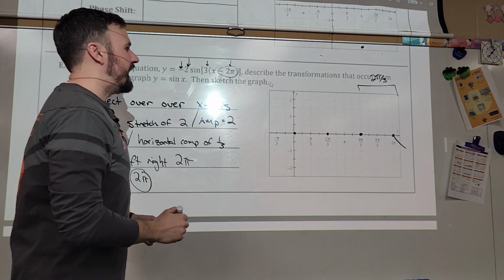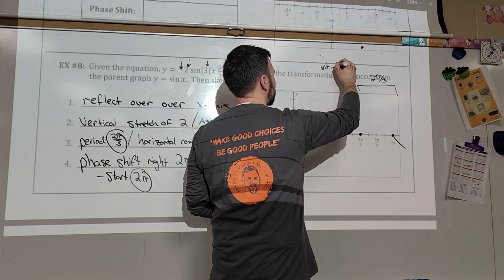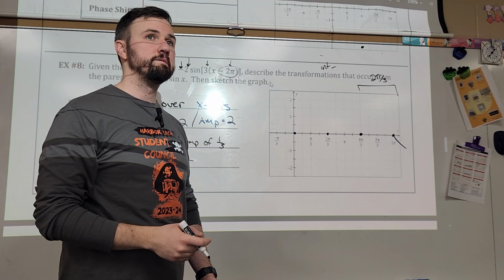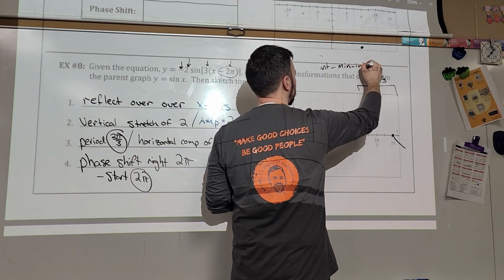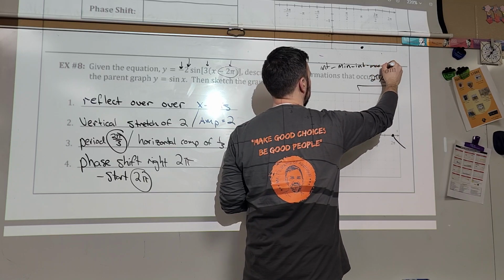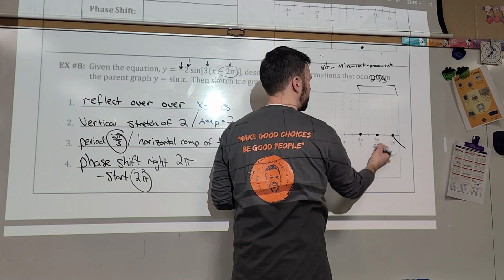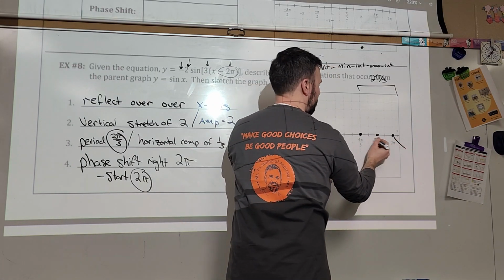Now, for sine, it's this. Is it going to be a max now or a min? Min, because of the reflection, right? Start, min, intercept, max, intercept, right? So what's in the middle here? An intercept. Now, I'm shifting this over.